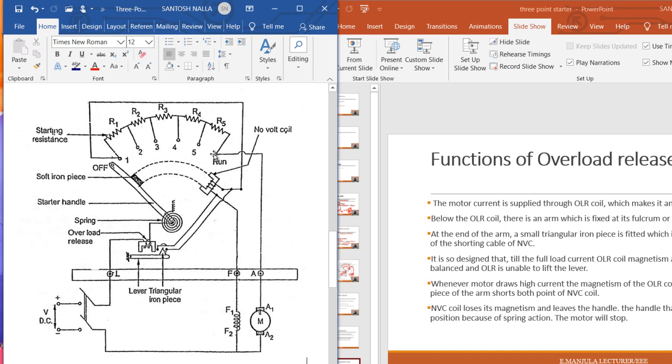At this position, it is attracted and the armature current will flow like this. So here we observe there is no external resistance added at position 1 to the armature.